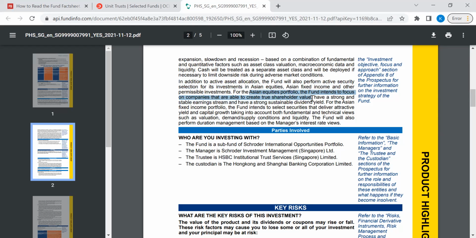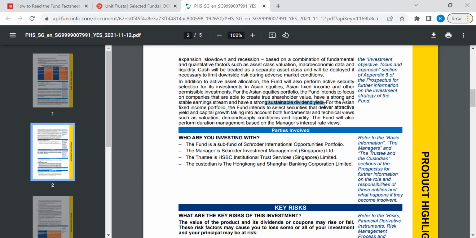So they are going to look at the companies' business fundamentals, their business model, and maybe even the leadership of the company management. Have a strong and stable earning stream and have a strong and sustainable dividend yield, right? Sustainable. What do we mean by sustainable dividend yield?